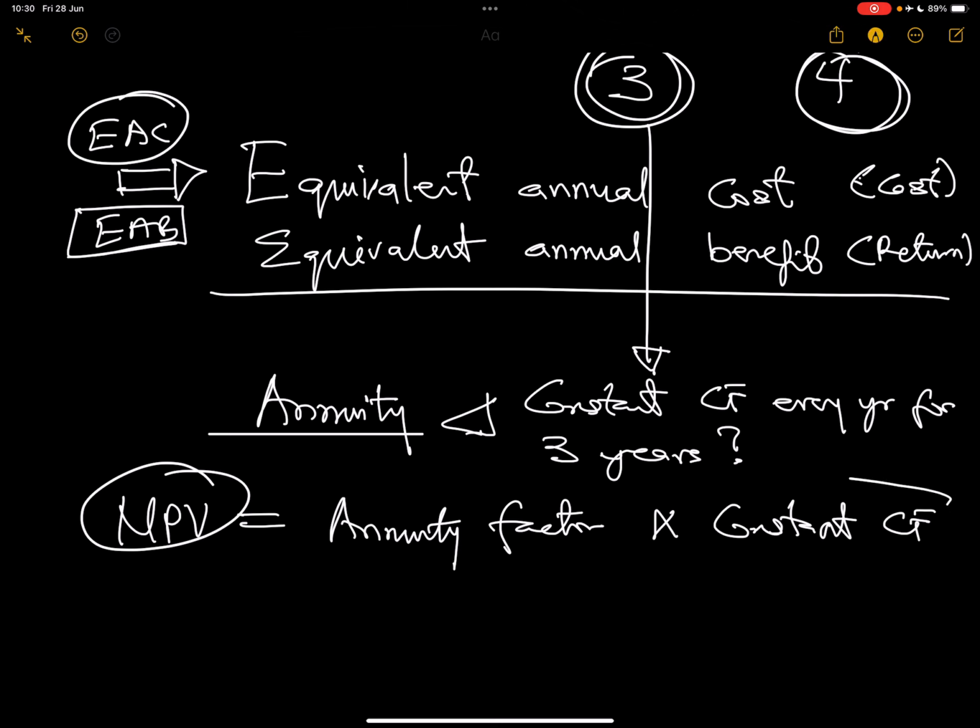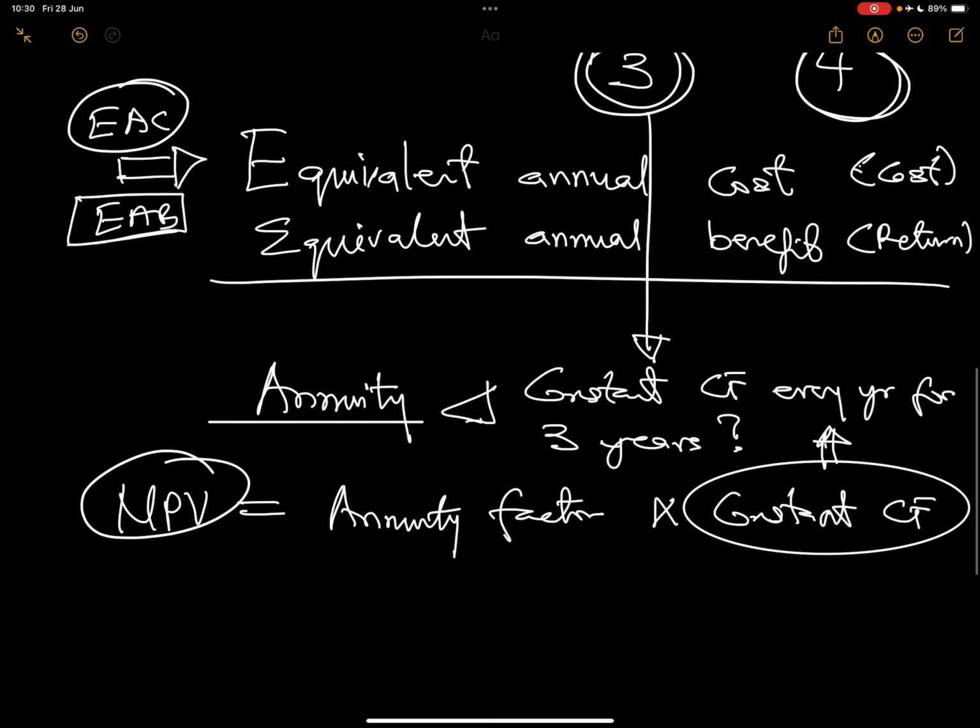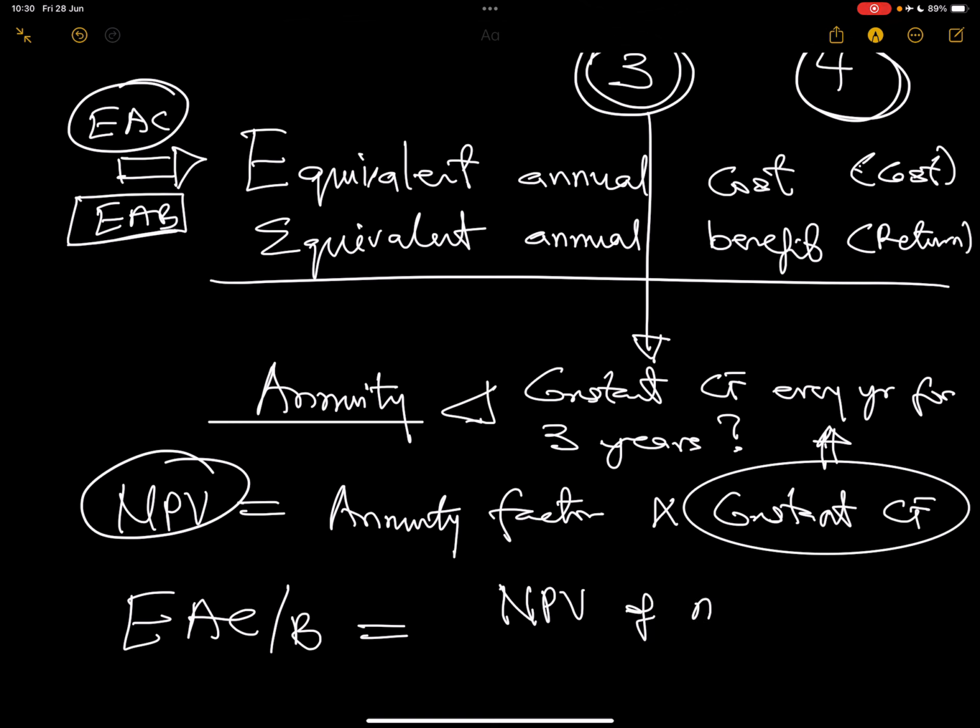So this constant cash flow that we are talking about here is your equivalent annual cost. And that is why the equivalent annual cost or annual benefit formula equals the NPV of the machine divided by the annuity factor.